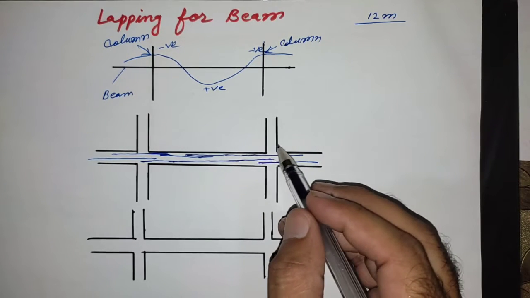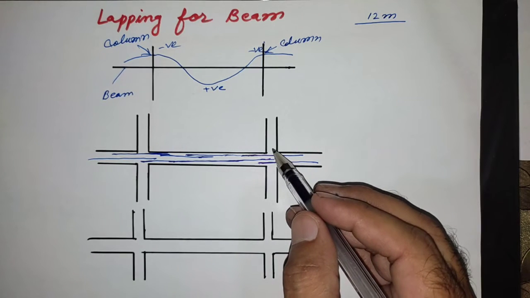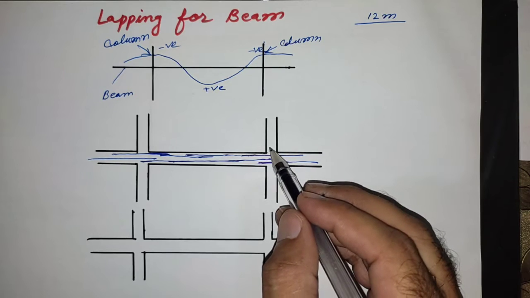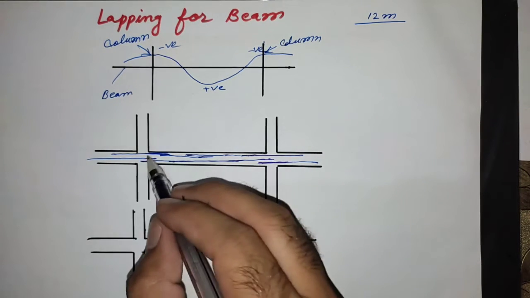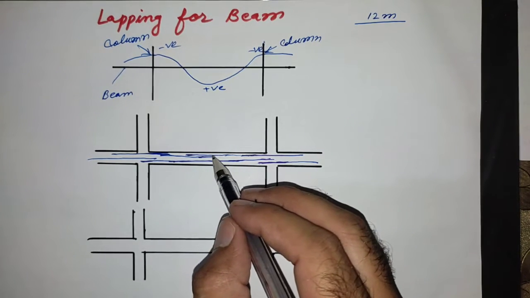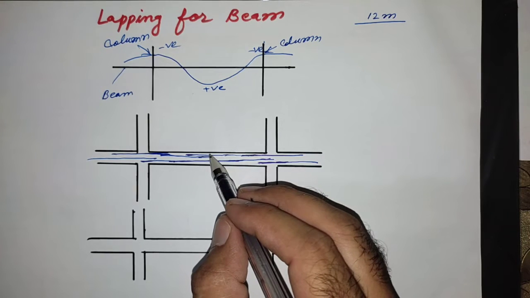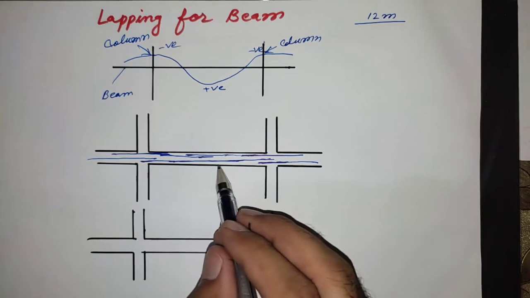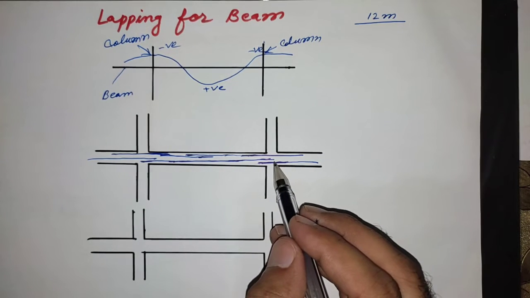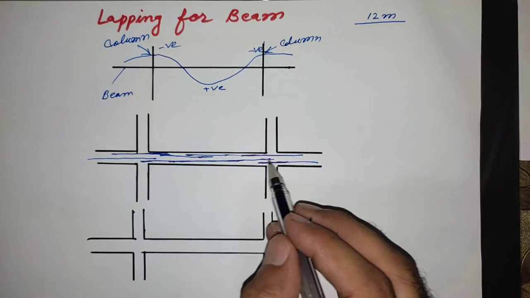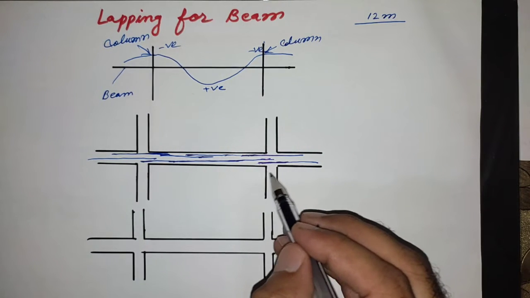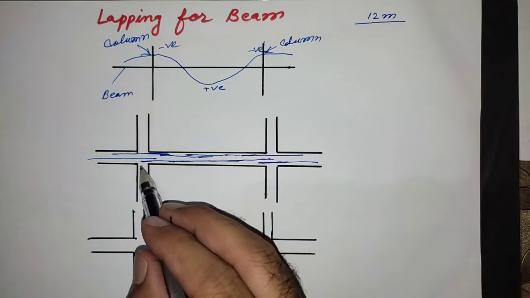And near the supports, maximum negative moment. That's why we will not provide lapping here. We will provide lapping in the middle area for upper reinforcement, and for lower reinforcement we will provide overlapping at the supports, because here is less bending moment.